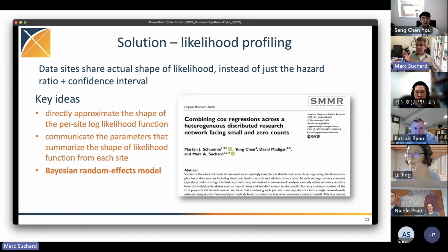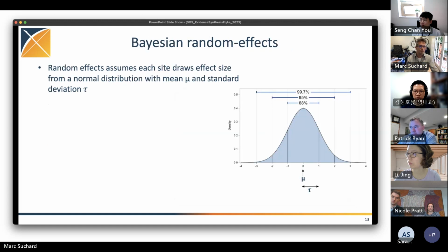Generally, we're throwing some of that data out by saying, oh, we think this function is normal, and we only need to know about the central tendency and its skew. And then we'll be able to build a single model over these likelihood shapes using a Bayesian random effects model. So we'll talk both about the approximation of the likelihood function and its sharing and Bayesian random effects modeling.